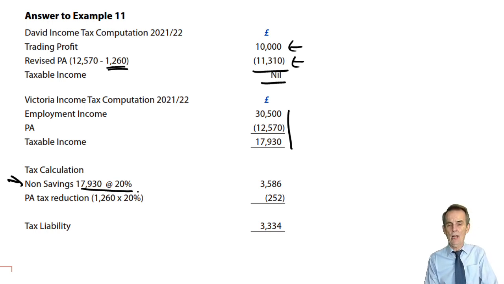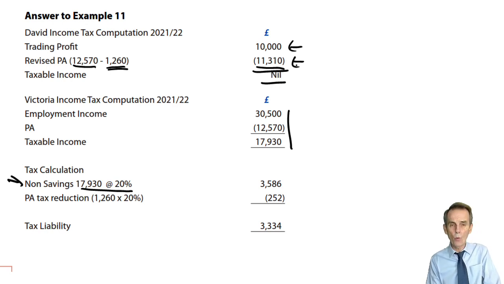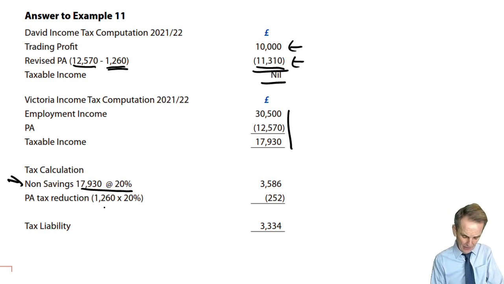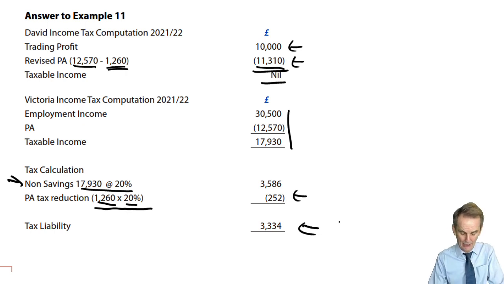But we've made this transfer, sensibly so, because whether David had a personal allowance of £12,570 or £11,310, we're still going to have no taxable income. We were just wasting all of the unused personal allowance. This way, we get this tax reduction of £1,260 at 20%, the £252 tax credit, reducing Victoria's tax liability accordingly.